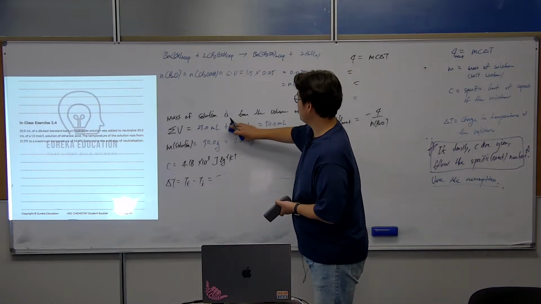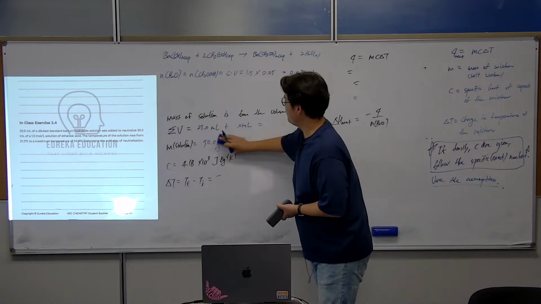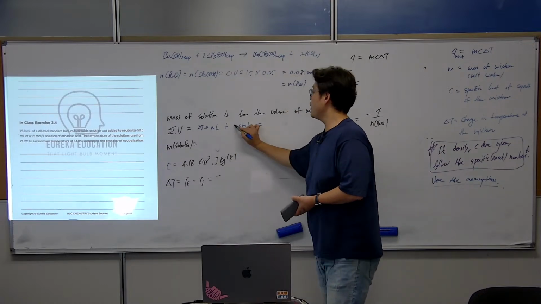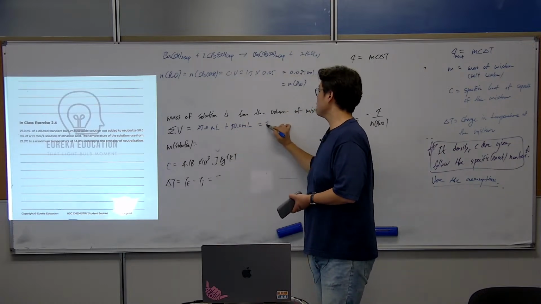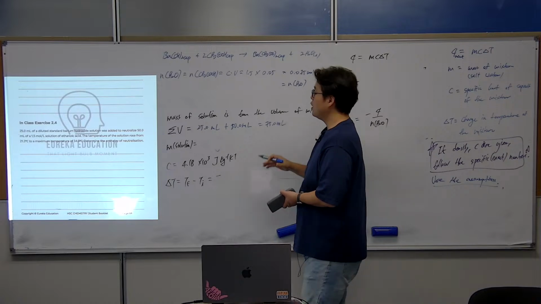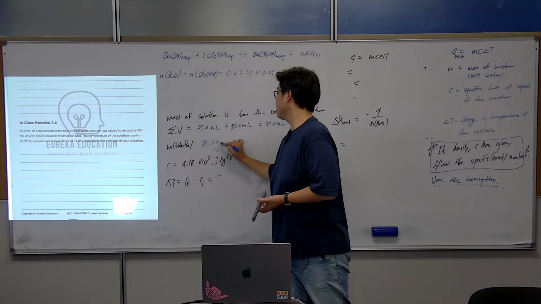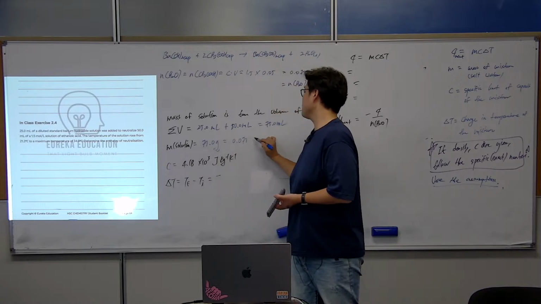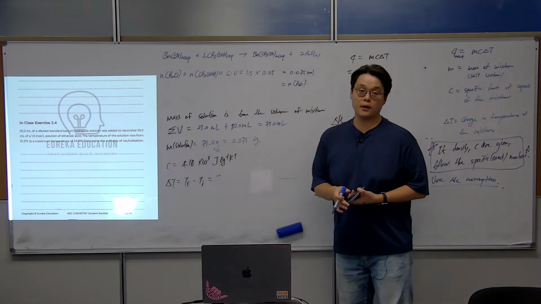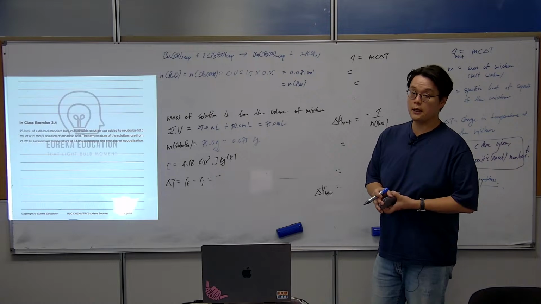Sorry, 25 to 50, so 75, my bad. Misread that. 25 and 50 give you 75 milliliter. Assume that we have the same density as water, that would be 75 gram. That's 0.075 kg then. Any questions up to this point?